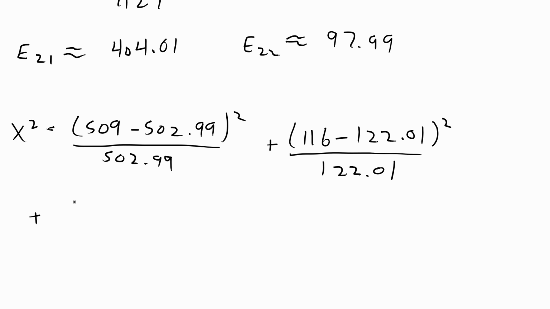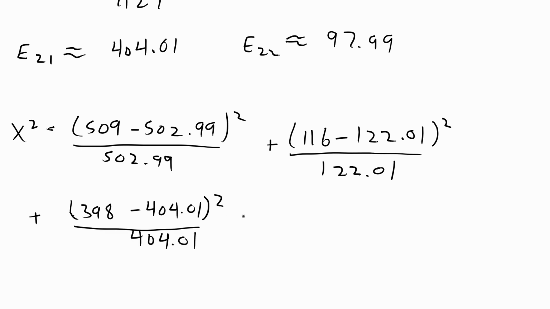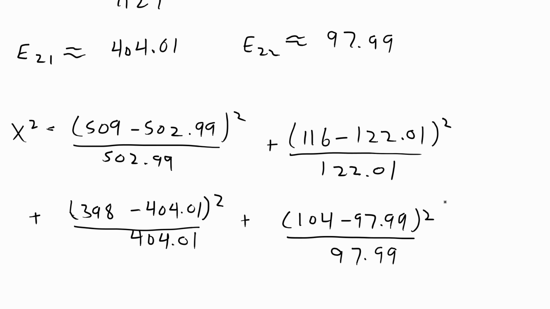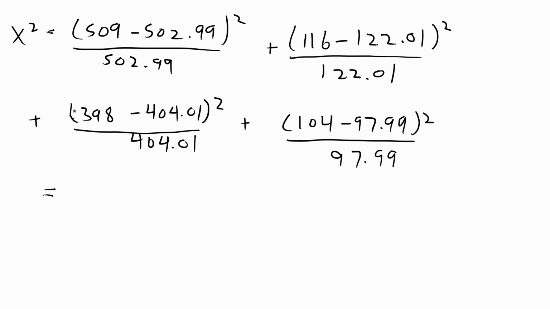The third sum is going to be 398 minus 404.01 squared divided by 404.01, and then the final term is going to be 104 minus 97.99 squared divided by 97.99. When I sum these 4 terms together, the final chi-square test statistic is going to be approximately 0.82.